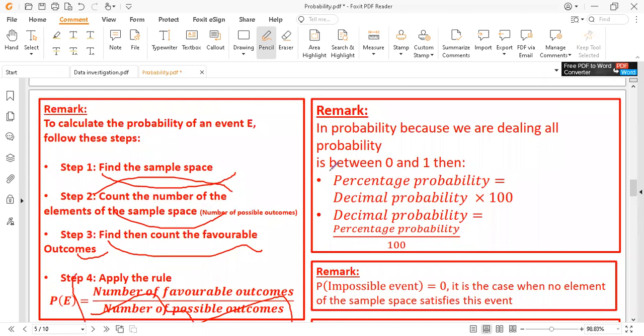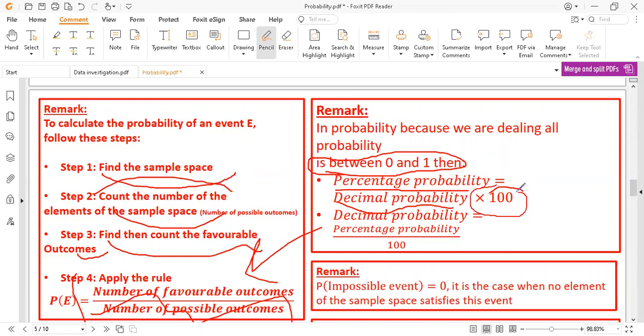We should note also that the probability is a value between 0 and 1. Okay, so it is impossible to obtain a value greater than 1 or smaller than 0. The percentage probability is equal to the probability that we calculated before using this rule, multiplied by 100.